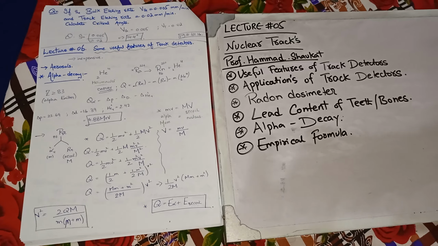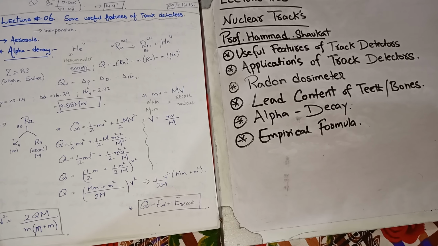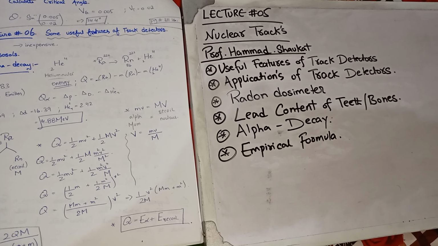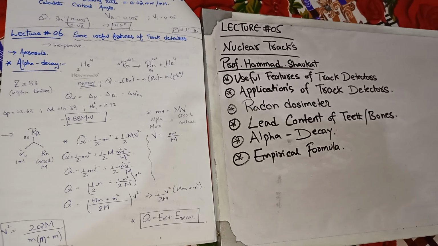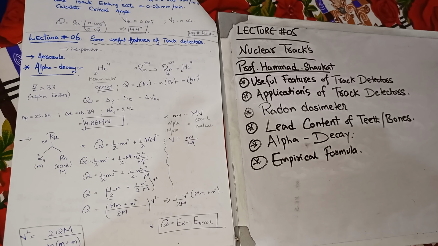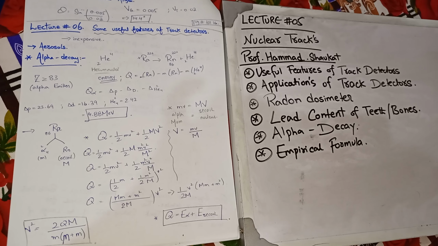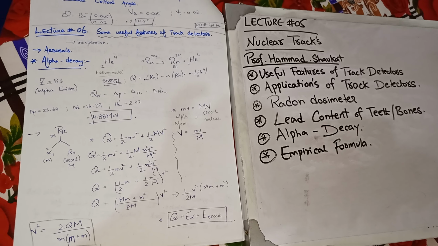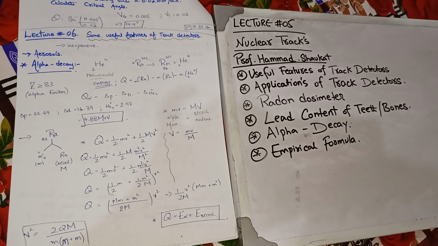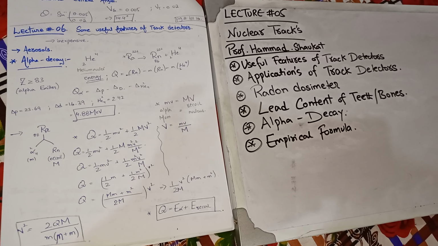The next topic we will discuss is the lead content of teeth and bones. You know that in many practical applications, lead is included in our life nowadays. The SSNTD technique is used to measure the lead content and how it is distributed in teeth and bones, and if possible it is related to the age of the person, because this is a new research area.